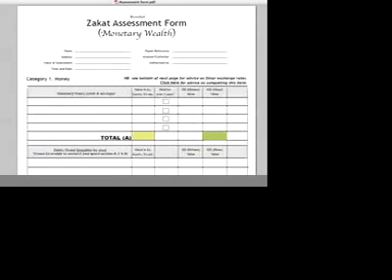So that's why the form. We recommend that the form is kept by the person who's being assessed. It's your own personal record, and you convey the final results to the collectors or assessors: I have zakat to pay on this amount, or I've actually worked out exactly what I need to pay, this many dinars.